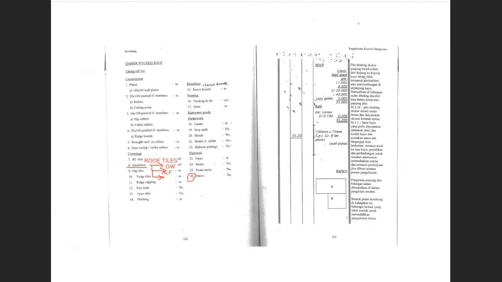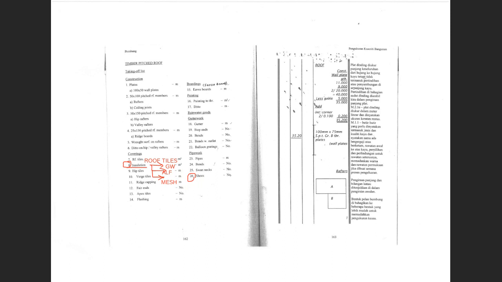Or in my example previously, we normally use the words mesh reinforcement or chicken wire mesh. That is to support so that the glass fiber or the fiberboard is not falling down. It is sufficiently covered with this one. So in this case, you should take note as well. The insulation has more than 1 item. You should have at least 3 items unless you are given another detail.